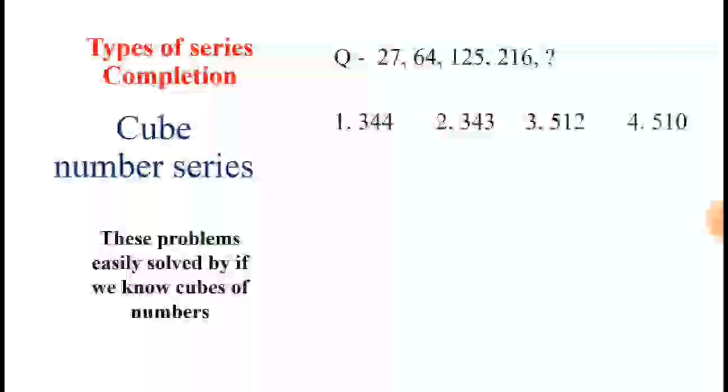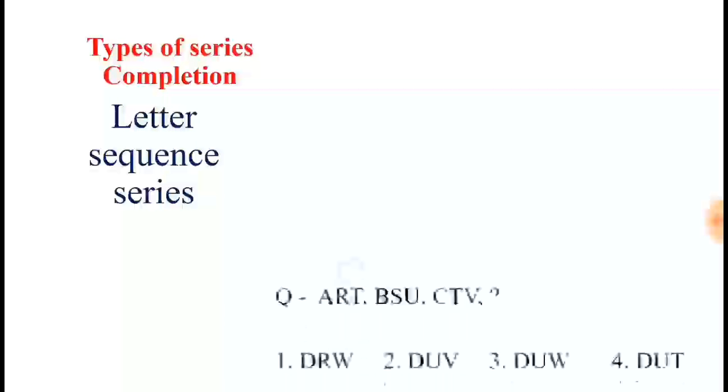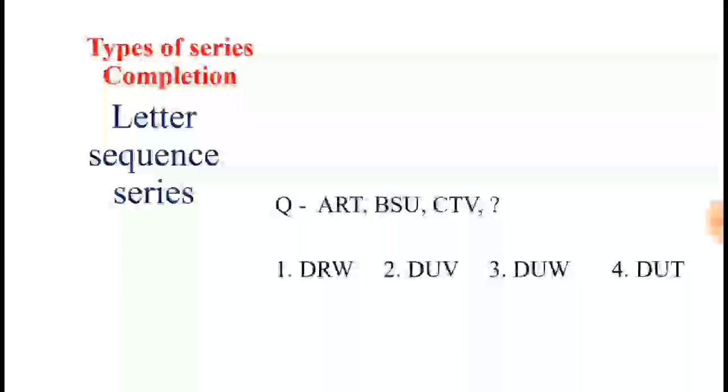Cube. Here we need to know the cubes of numbers. So 27, 64, 125, 216. The next will be 343. Letter sequence. Here if we check the question, that is ART, BSU.